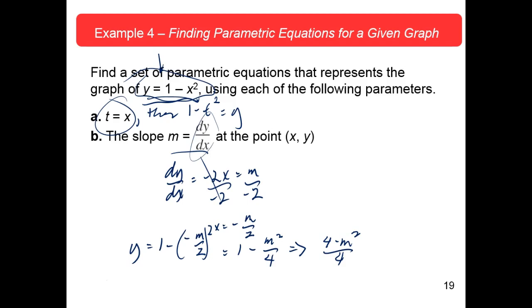Okay. Oh, okay. So they start at m equals 0, x would be 0, but at m equals 0, y would be 1.